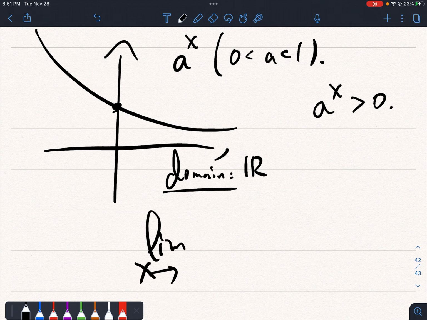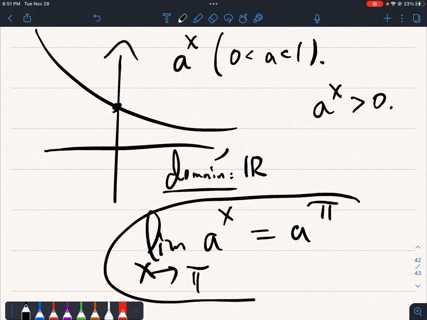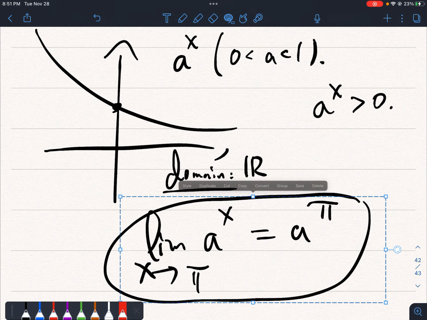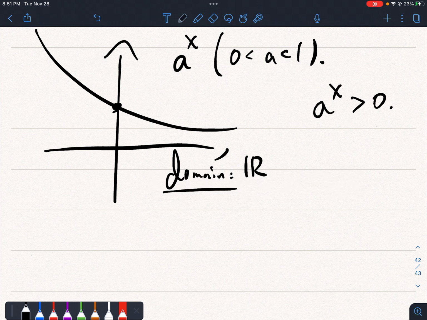It's always continuous. So for example, if you look at the limit as x approaches any point, let's say pi, of a to the power of x, then this is a to the pi because it is continuous. Okay, just take it for granted for now. You can prove them rigorously, but you have to be careful about the definition of exponential function.